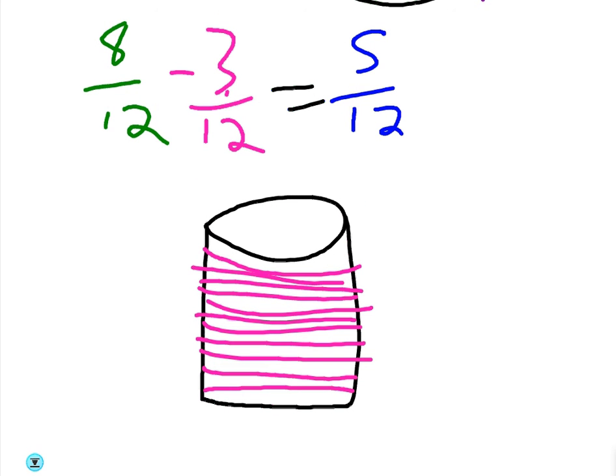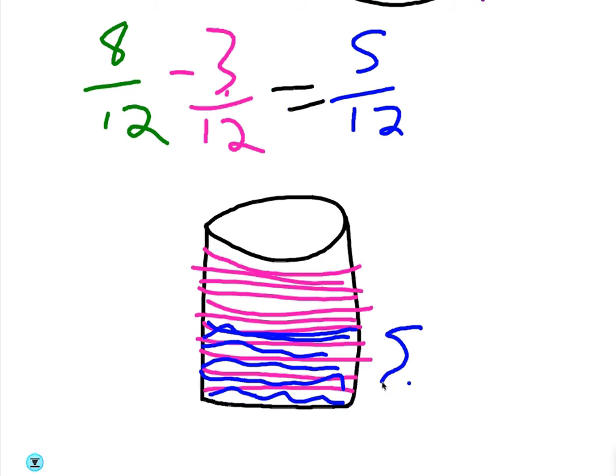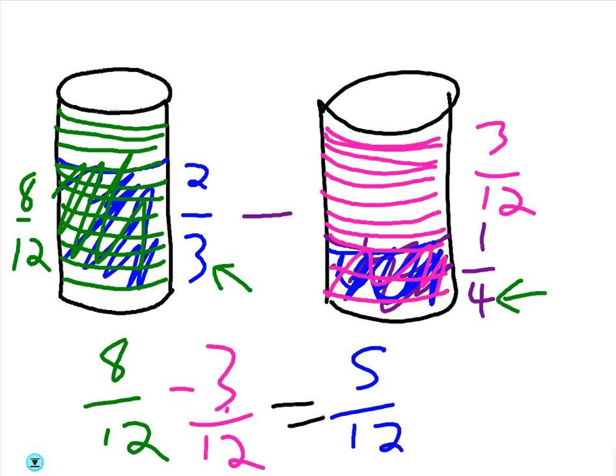So 5/12 will just be 1, 2, 3, 4, 5. That's how much water we have left if we subtracted those two, which makes sense if you visualize it that way. Here's 8/12. Here we're subtracting 3/12. So obviously we'd have these 5/12 in between, which is what's left over.